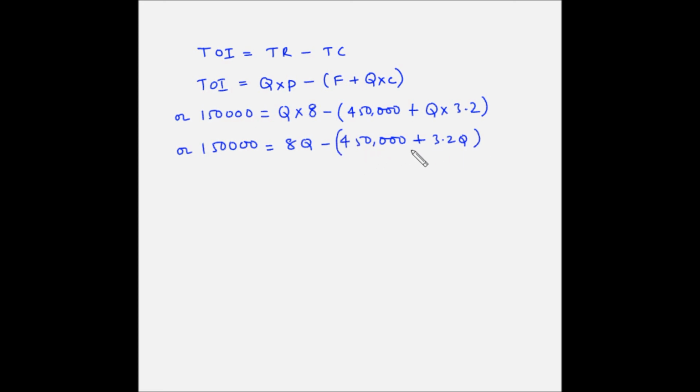We have not yet opened the bracket, or 150,000 is equal to 8Q minus 450,000 minus, now we are opening the bracket, so plus minus is minus 3.2Q, or now let's bring all the expressions with Q on one side and all the remaining on the other side.